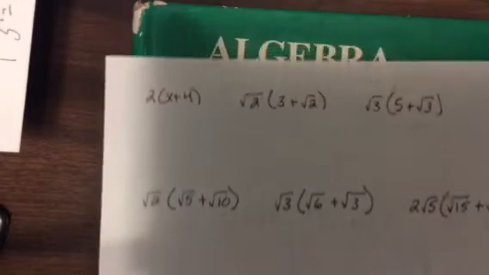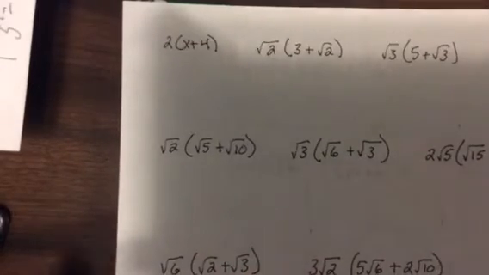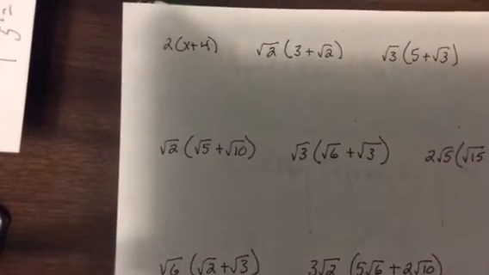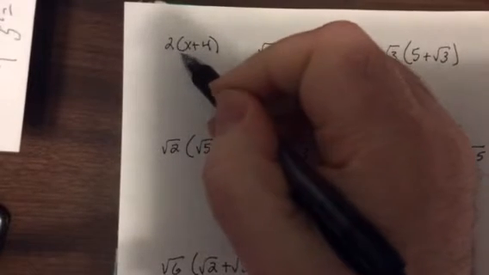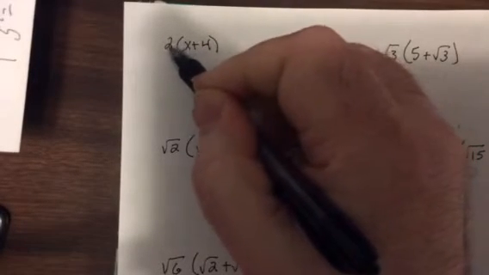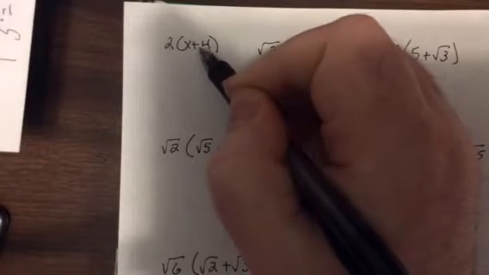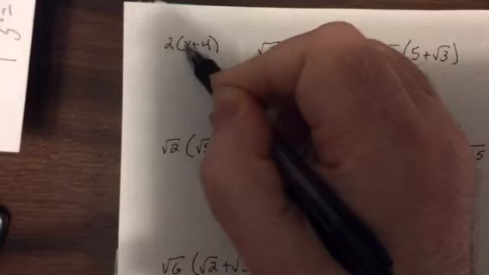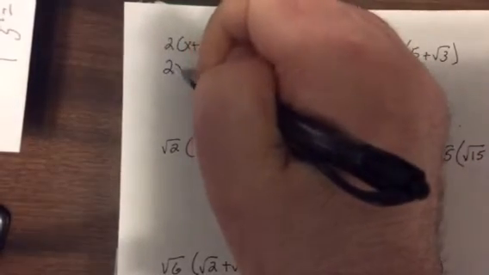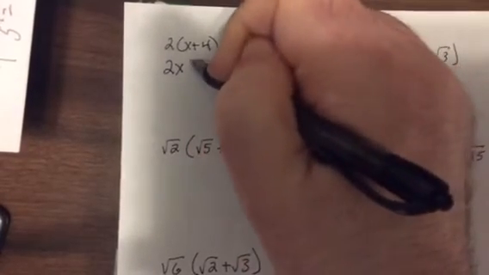Now, let's look at this. If you remember way back, it seems like a long time ago, when you have a term next to a parentheses, it means take that term and multiply it to every term inside. Since there's a plus or minus, this gets multiplied to the x, and the 2 gets multiplied to the 4.